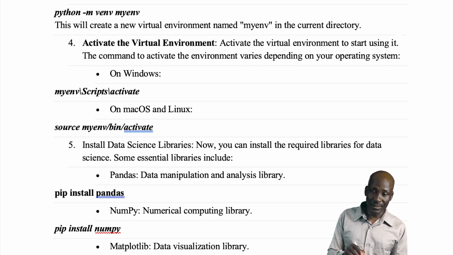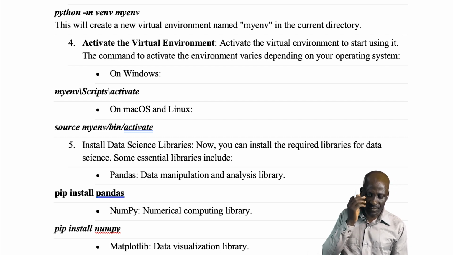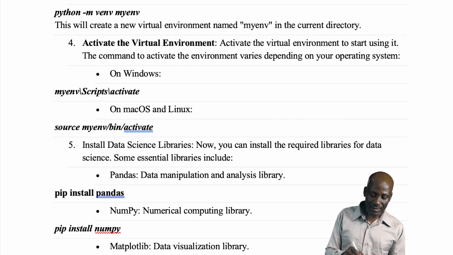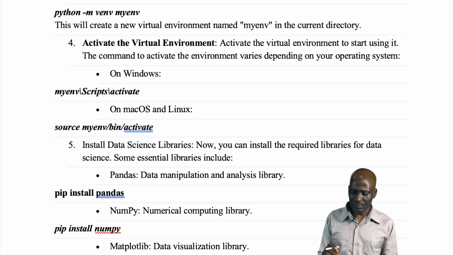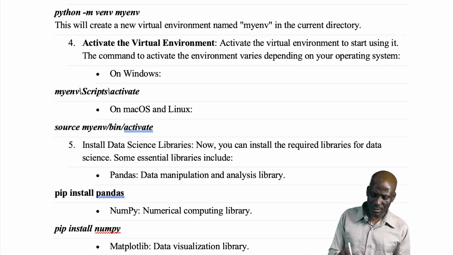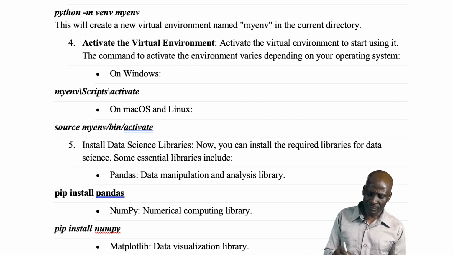To activate this environment, you type the name of the virtual environment, which is in this case myenv, then slash Scripts slash activate.